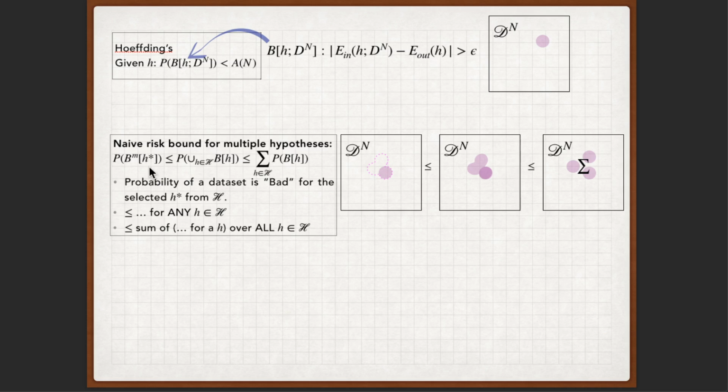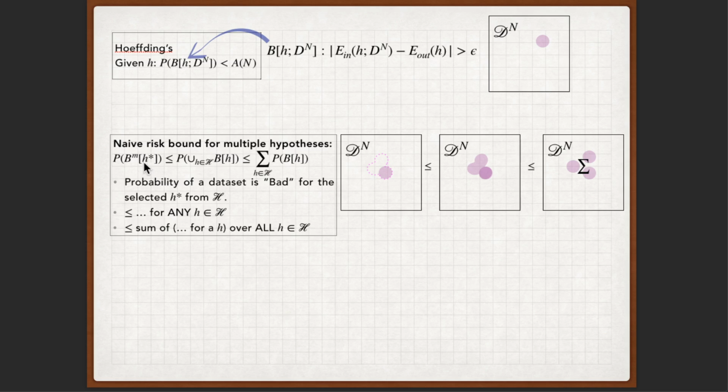On the other hand, what we are really concerned with is what a bad event is for a learning process, the process of selecting some H star from some hypothesis family, where the selected H star, when evaluated on a data set, has an evaluation exceeding the tolerance.